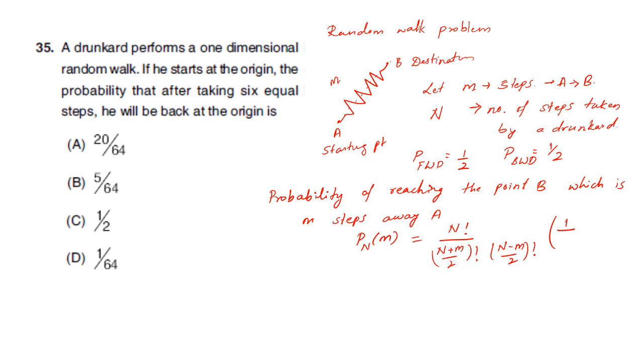Forward probability is half raised to (n plus m)/2, into half raised to (n minus m)/2.